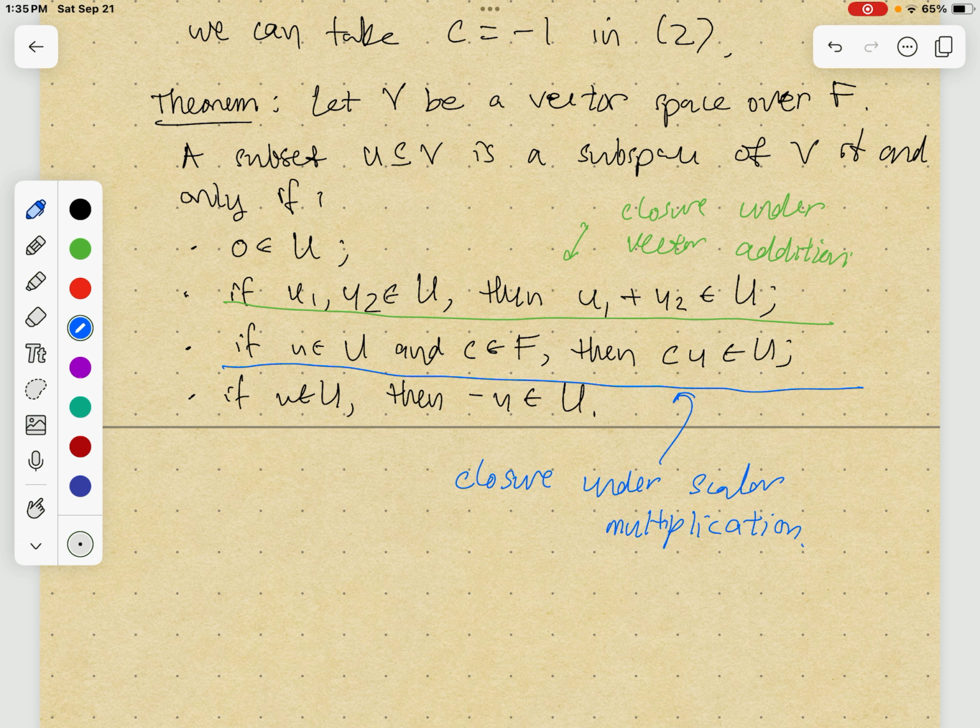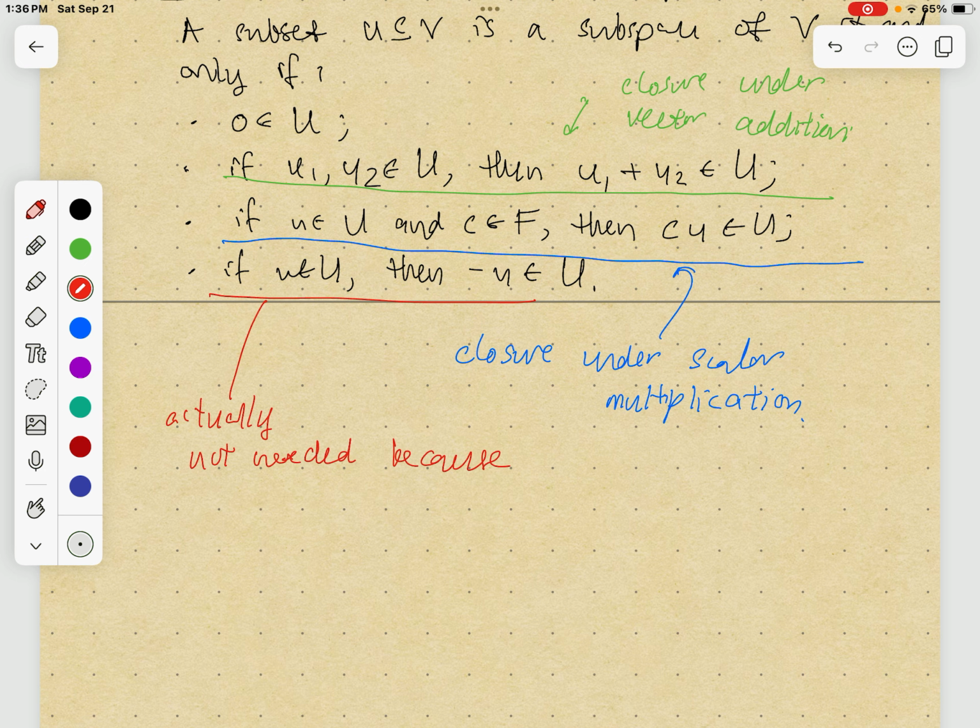Actually, this last condition is not really necessary because we'll show that in general, the additive inverse. So here, this negative u means the additive inverse of u.